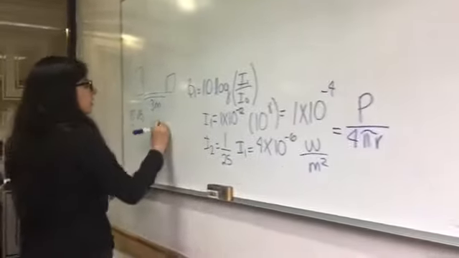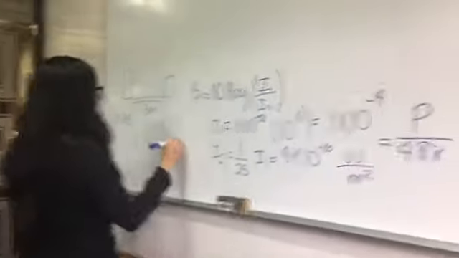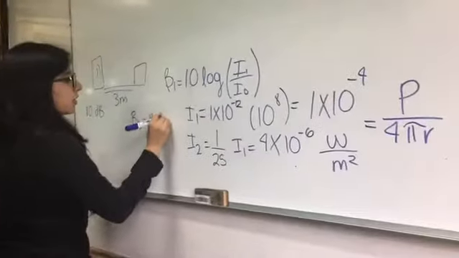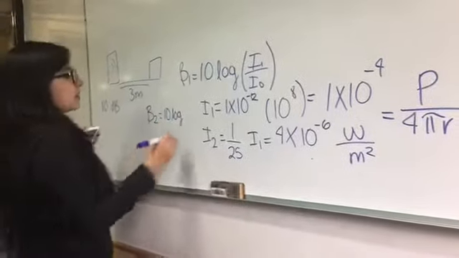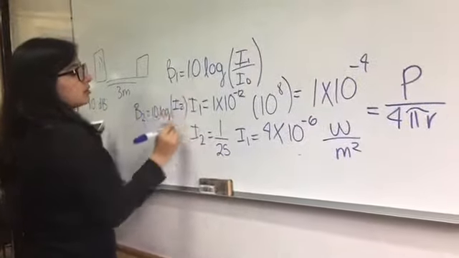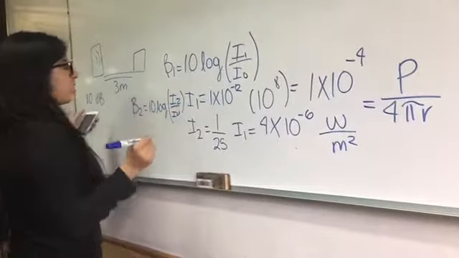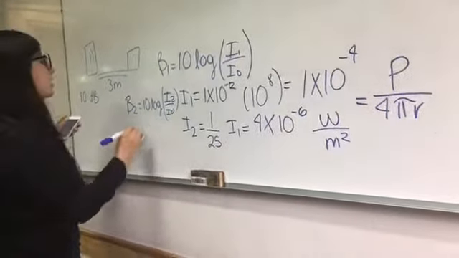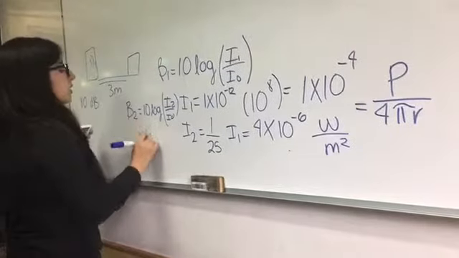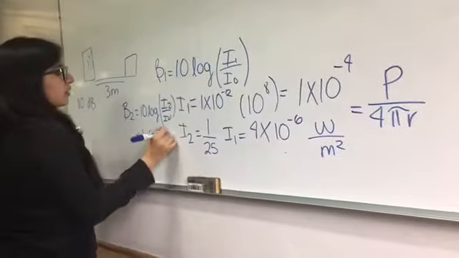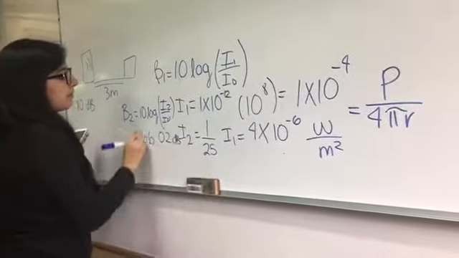And so solving for the sound level 2, again with the formula of 10 times the logarithm of the intensity 2 over the initial intensity, we get that the result is 66.00 decibels.